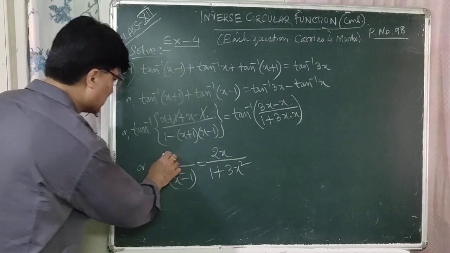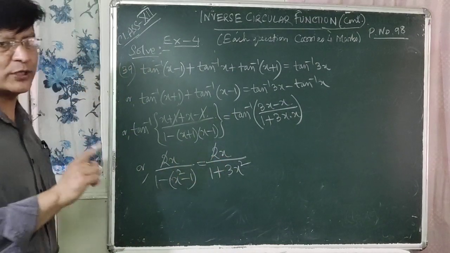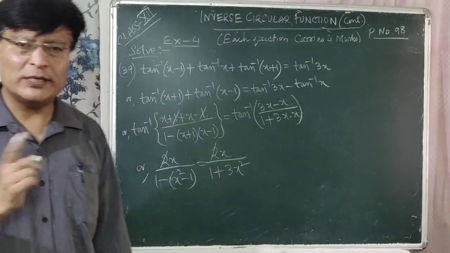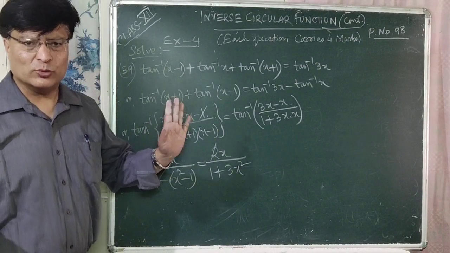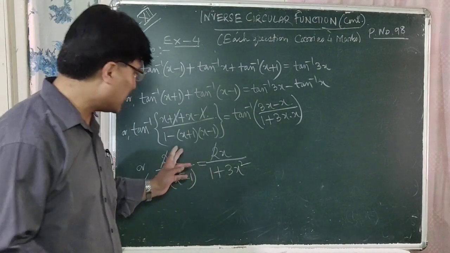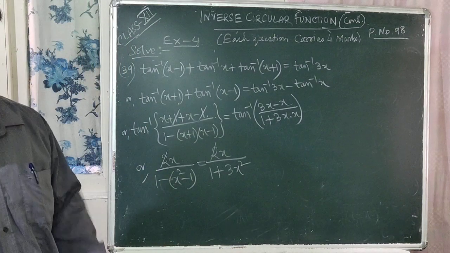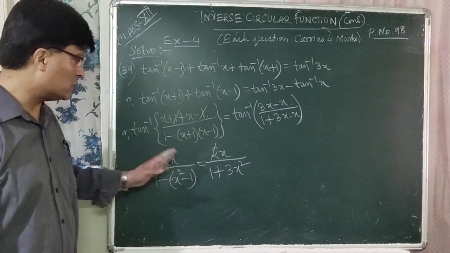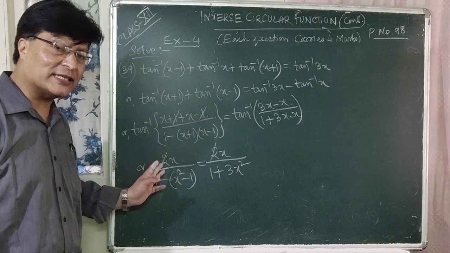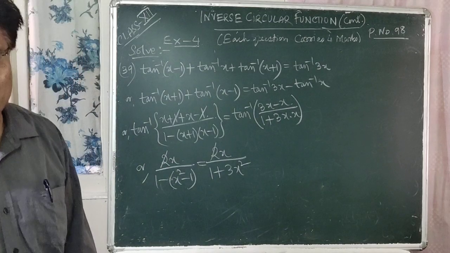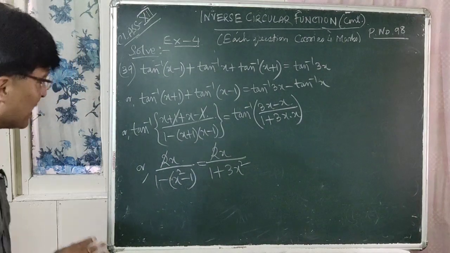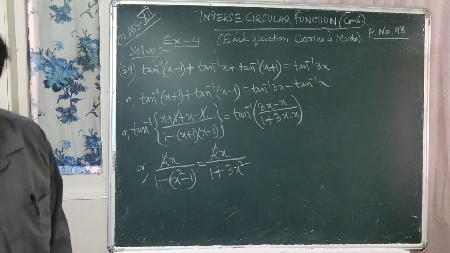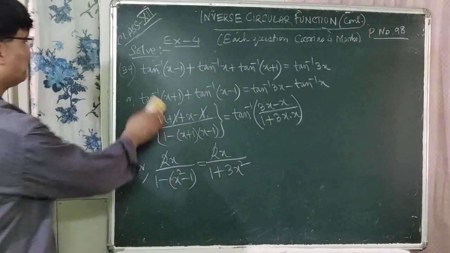But here you can cancel this common term 2 because 2 is not equal to 0. If 2 is not equal to 0, you can cancel that 2, right? But x may be equal to 0, so don't cancel them. You can't cancel x here because x may be equal to 0. But you can cancel 2 here because 2 is not equal to 0, right?